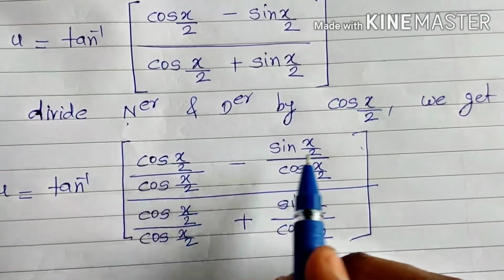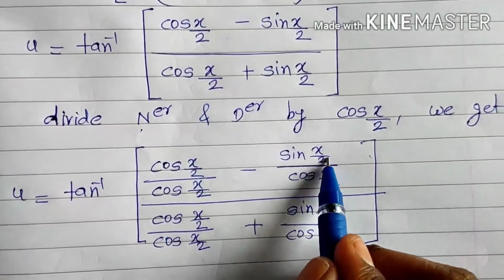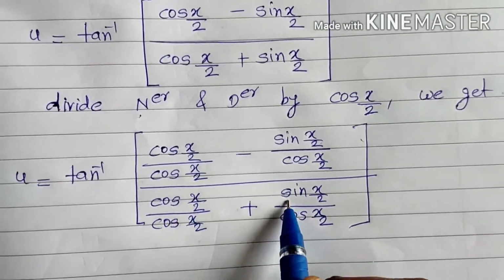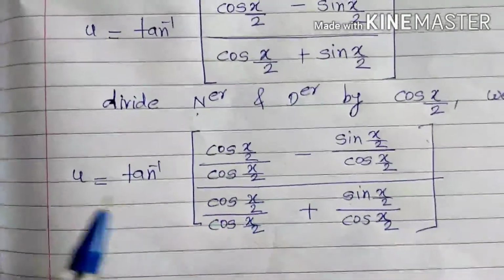You get only here 1, here 1 minus tan x upon 2 and upon 1 plus tan x upon 2.